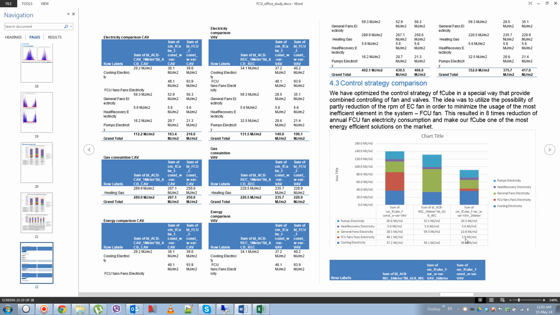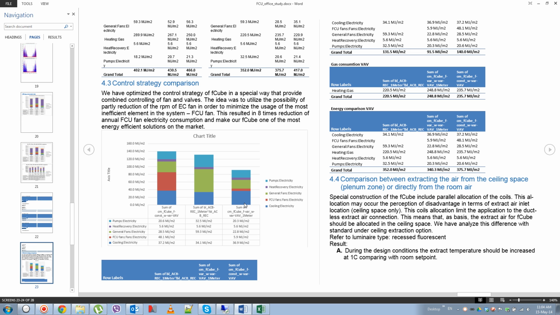After the optimized control strategy, which shifts energy consumption from the fan to colder air and the chiller. So we always put more energy into the chiller rather than into the fan. This is the idea of optimization, but it's much more sophisticated.